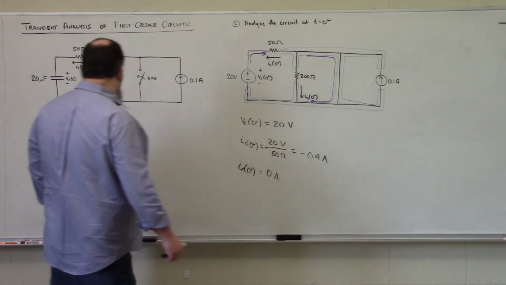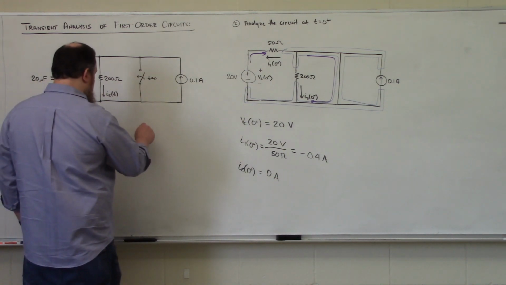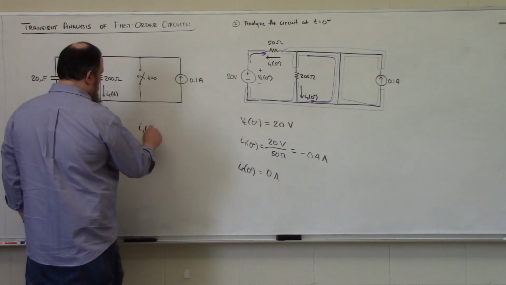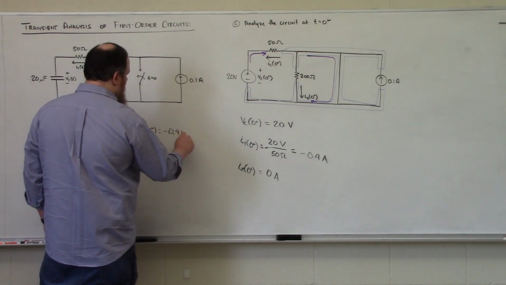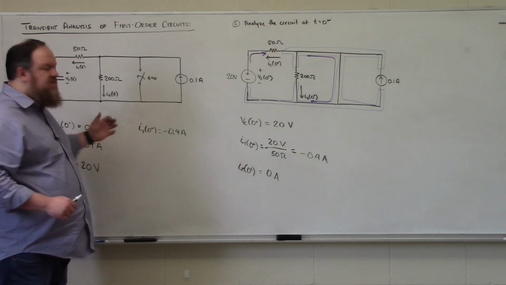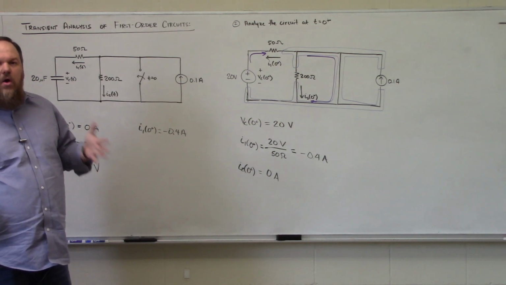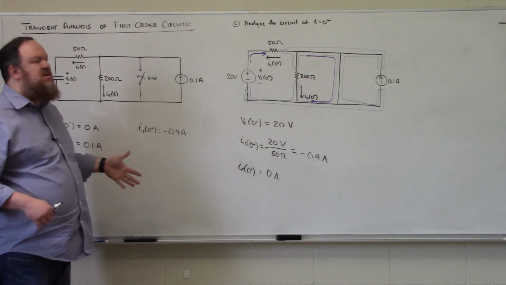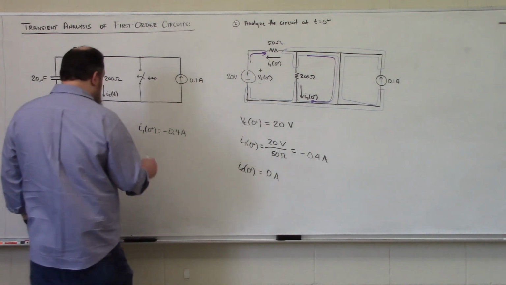So these are our three quantities at t equals 0 plus. I1 at 0 plus is negative 0.4 amps. Notice the current through our resistor has changed abruptly. That's perfectly okay. The only quantity that we're dealing with in this circuit that cannot change abruptly is the voltage drop over our capacitor.